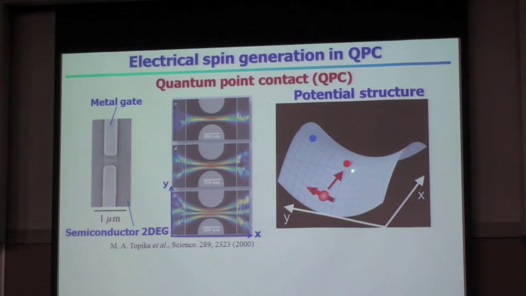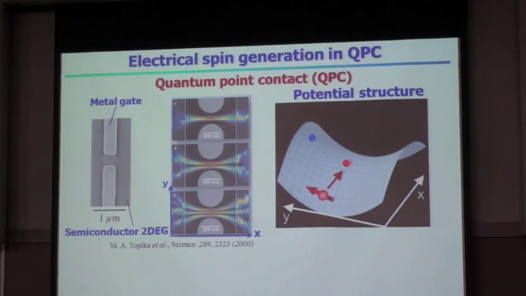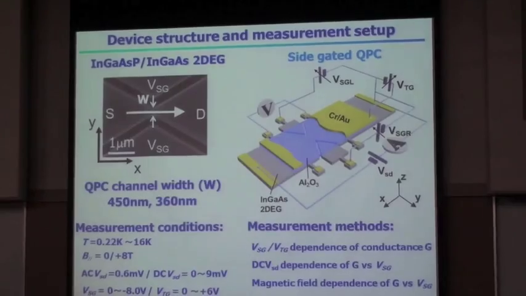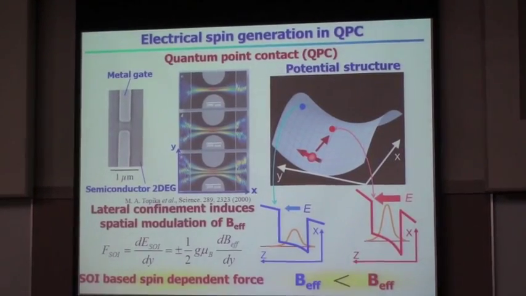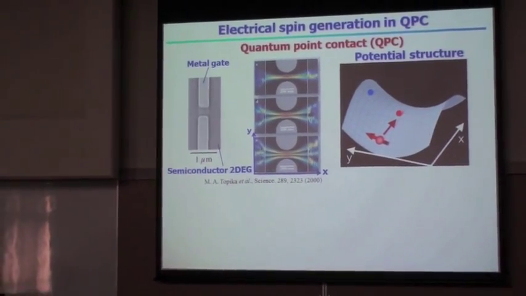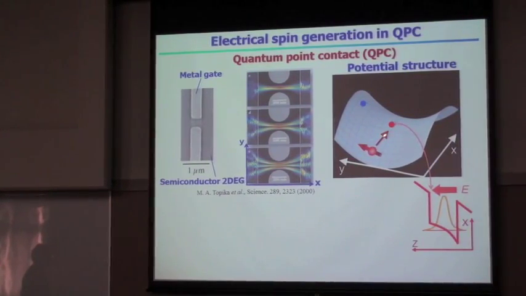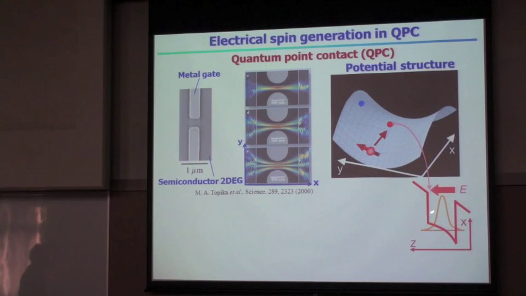And when we compare with the quantum well structure, first, when we look at this red point, since the electron is here, that means we have a large electron wave function in the quantum well, and the potential gradient is also large like this.